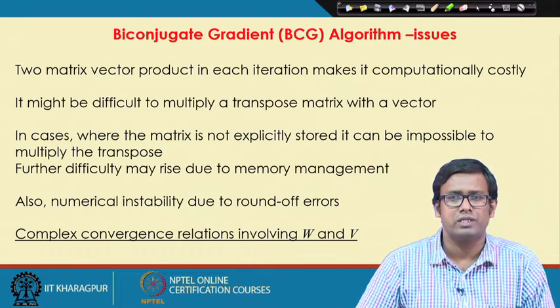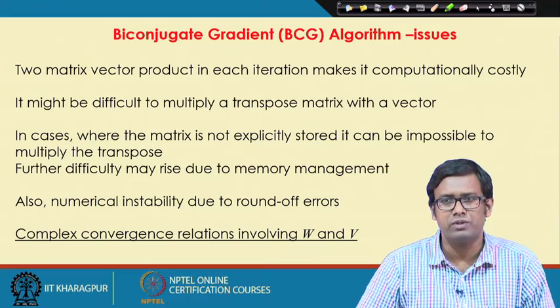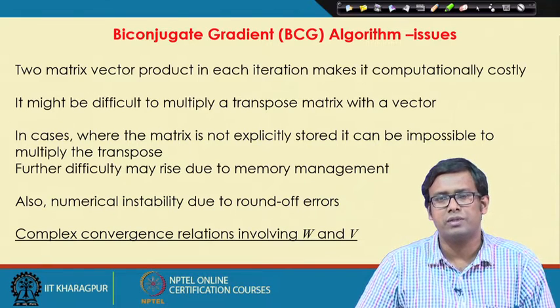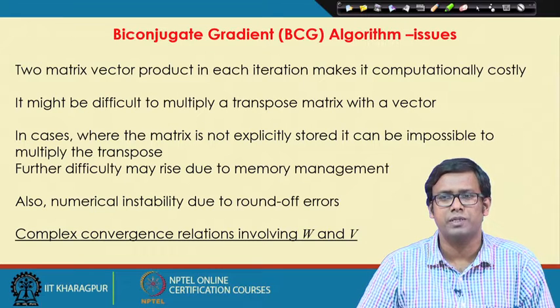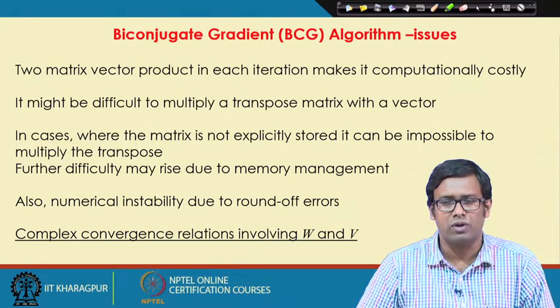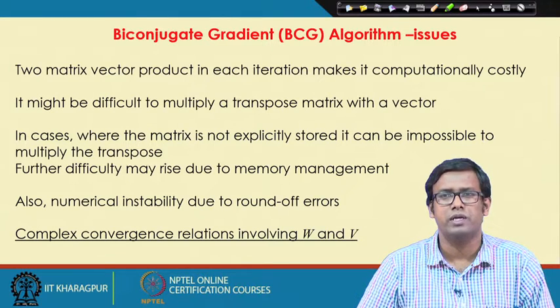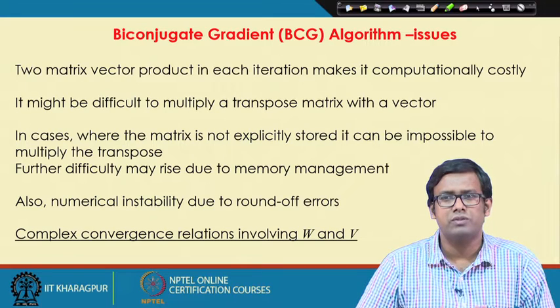So, there are certain cases for which biconjugate gradient, though it has tremendous potential due to the fact that it is applicable for any general matrix and it is a Krylov subspace based method which can very fast give us the solutions, can have a few problems.